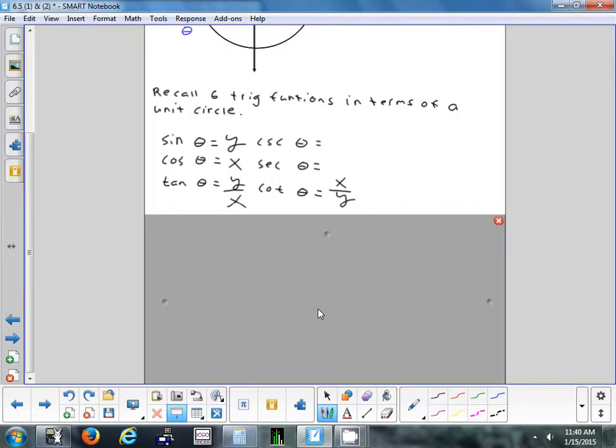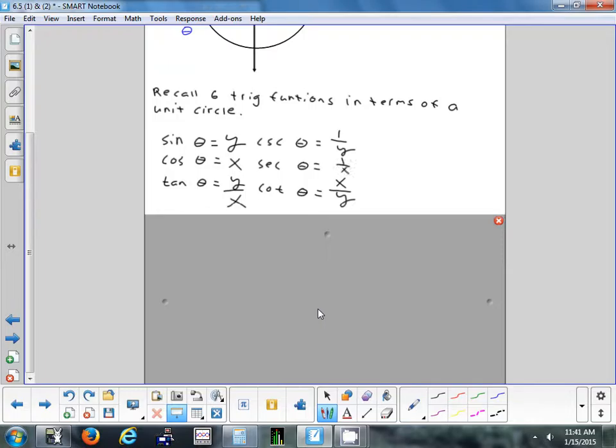What's sine? Yeah, sine is y. If you have the sine, what do you do with it to get the cosecant? Flip it. Remember, these are your reciprocals. 1 over y. Okay. How about the secant? Brielle? 1 over x. Yeah, 1 over x.